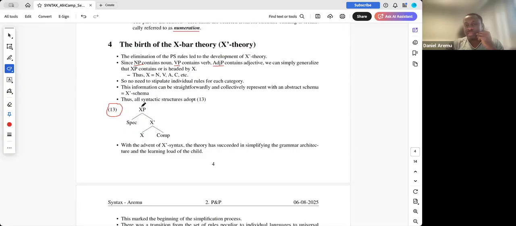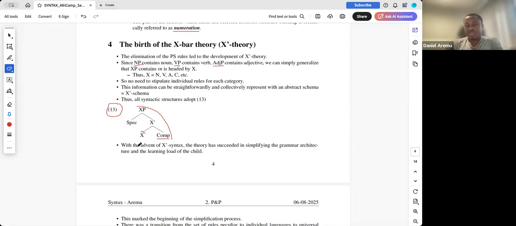So every phrase would have this structure. That is what X-bar theory proposed, which means when you have an NP, it would have a specifier and then the N-bar head and also a complement. If it is a VP, it has the same structure. If it is a CP, an IP, whatever P, it has the same structure basically.